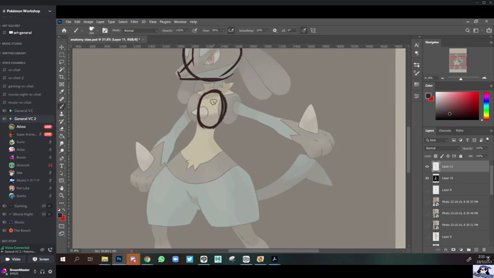As for the pelvis, this one is a bit hard to tell where it starts. But you don't have to care about anatomy that much, so you can just eyeball some stuff. For me, I'll use my bucket method. So I'll map out the pelvis like this, because Lucario has a really weird lower body shape.